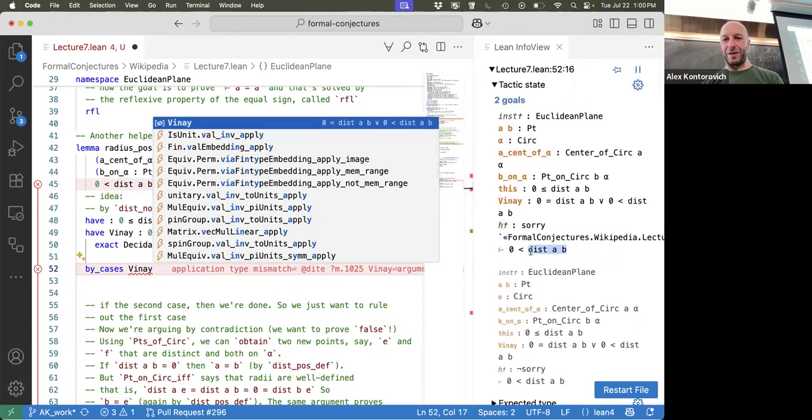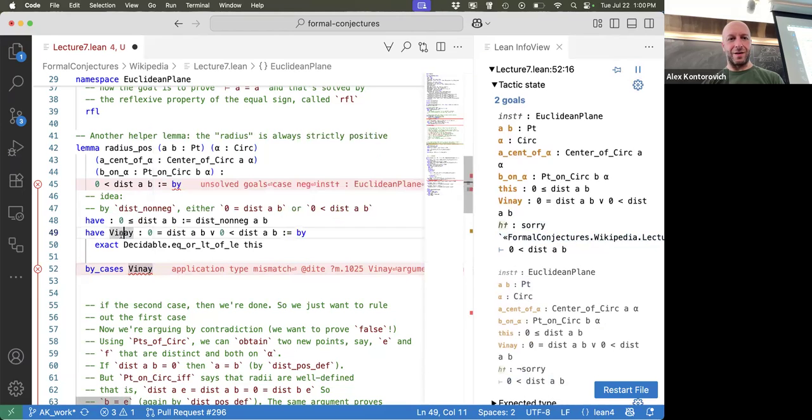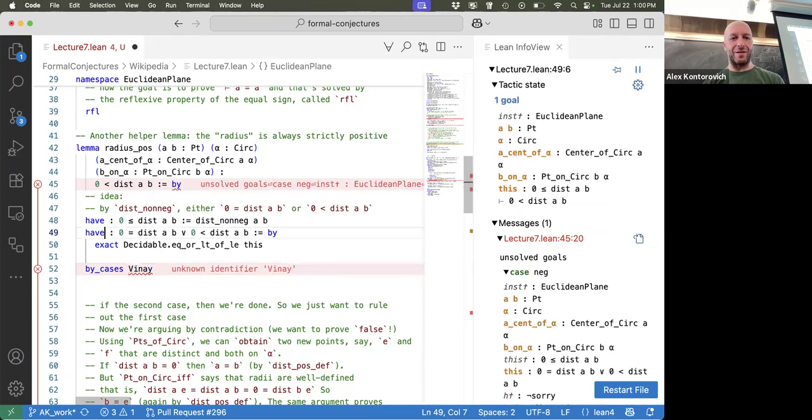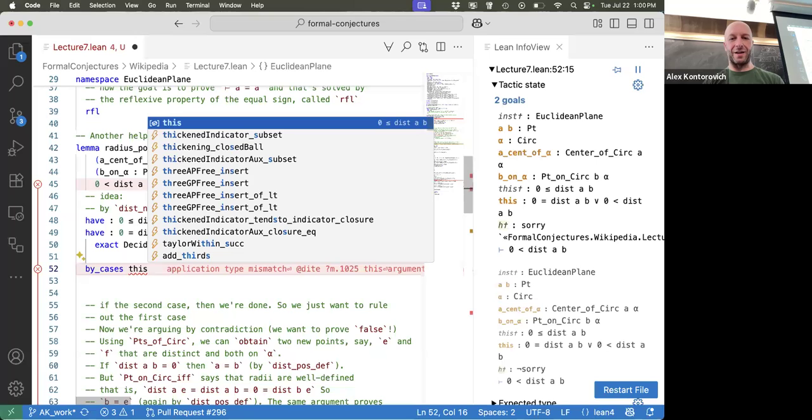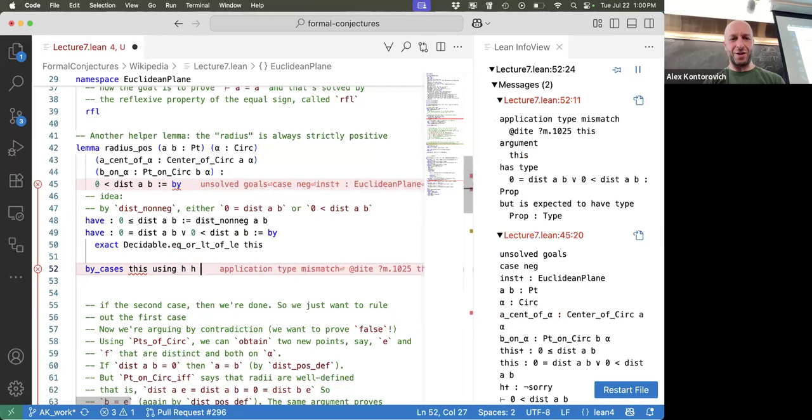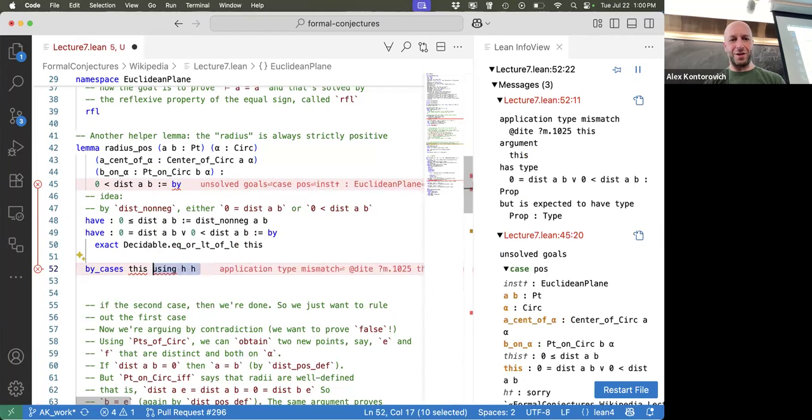I forgot what... I don't understand. You change this to the previous one. You mean here, by cases this? Yeah, I forgot how to use using HH with HH.